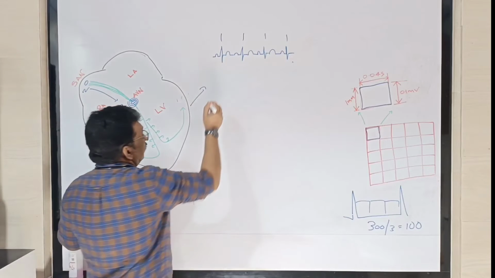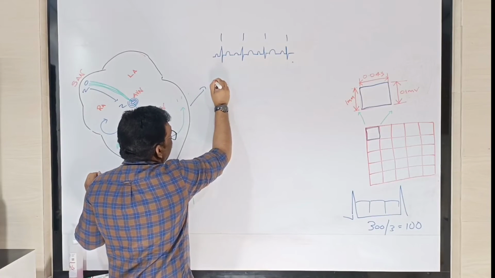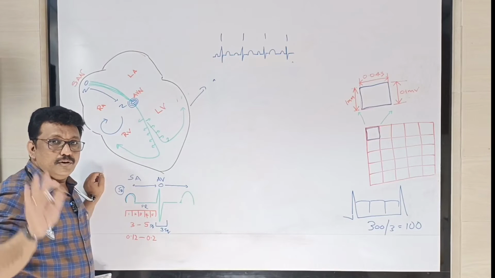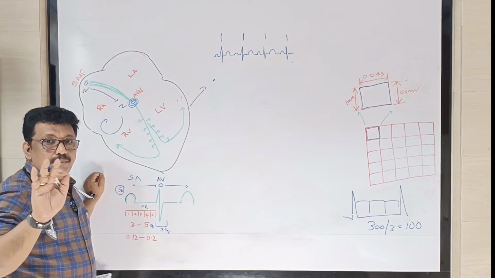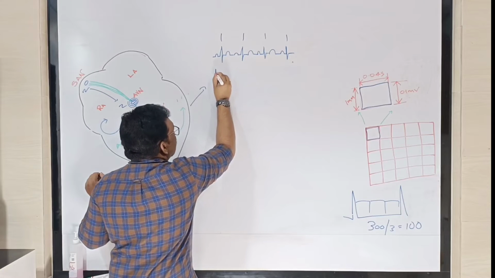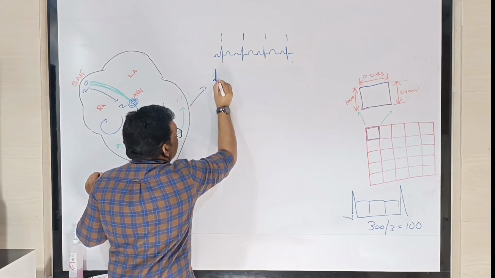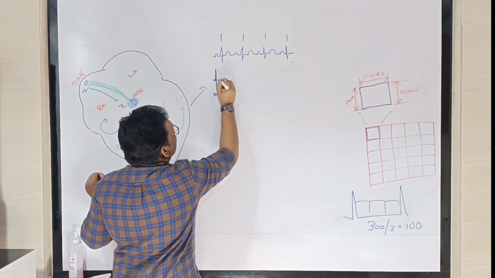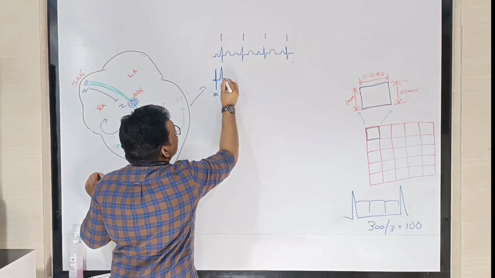So what you will see, you may or may not get a P wave. That is very important. You may see a P wave or you may not see a P wave. But the QRS complexes are narrow. That means it is less than 3 squares, and it is rapid.